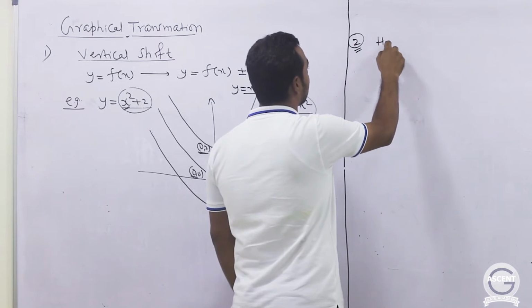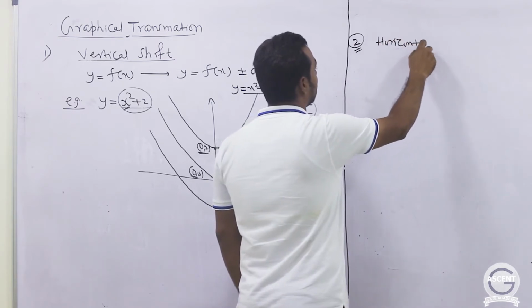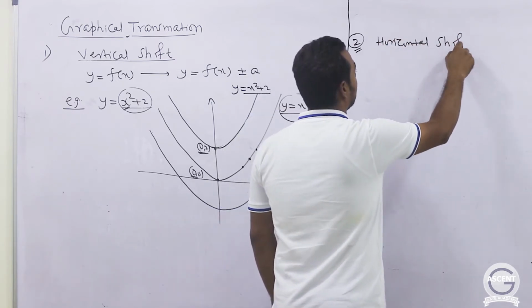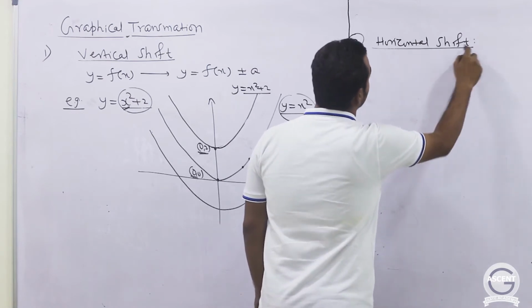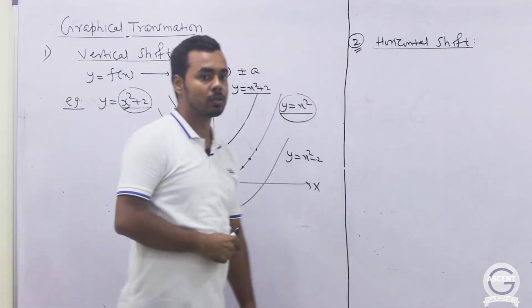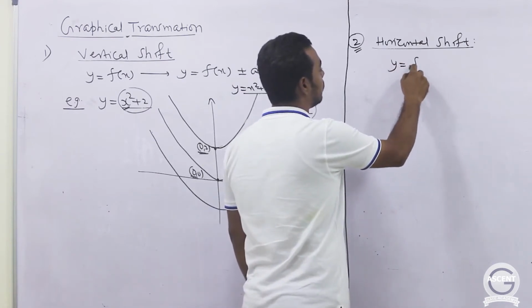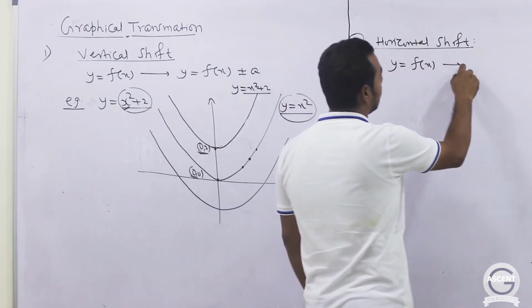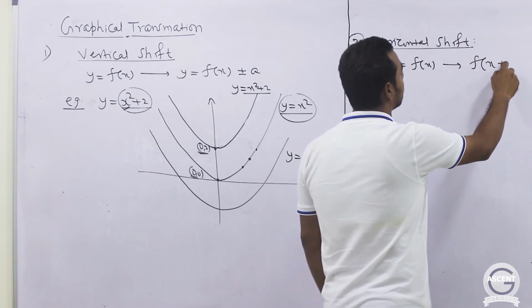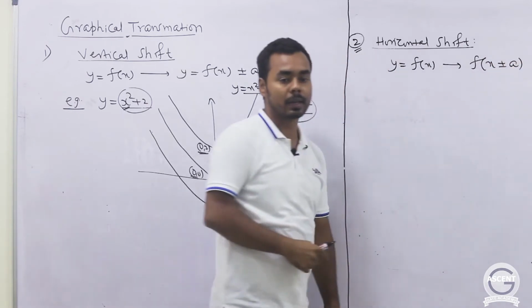The next one is horizontal shift. In horizontal shift, the graph of one function is known. Here the transformation will be: the graph of the function y equals f of x is known, and we need to draw the graph of the function f of x plus or minus a.